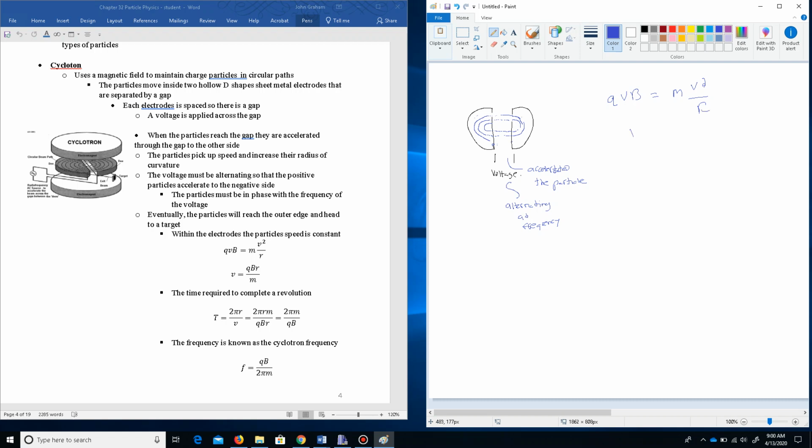Let me solve it out. We'll multiply the r over to the side, so we have QVBr equals mv squared. This v cancels that v, and so v equals QBr over m.